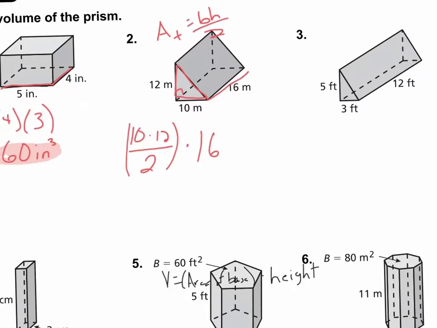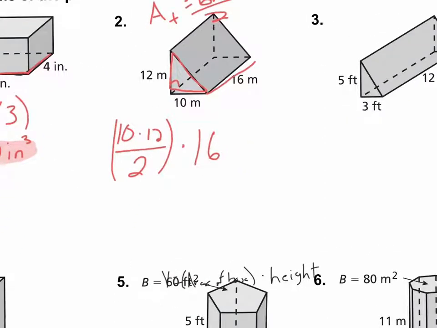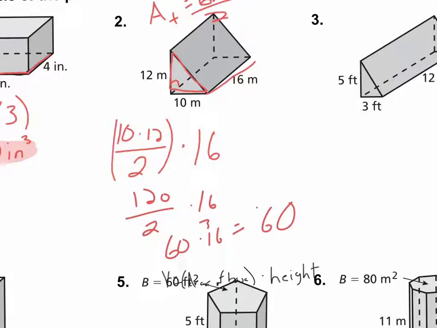Then we do that problem. I get 120 divided by 2 times 16, so 60 times 16, which is equal to 960, and then meters cubed. Make sure, since we are doing volume, it is meters cubed.